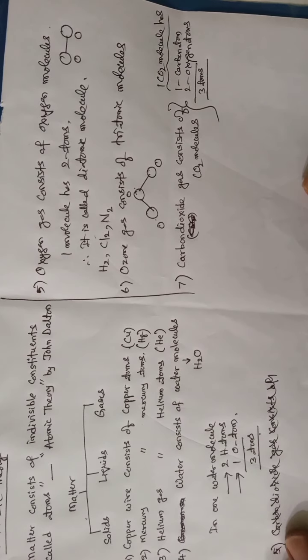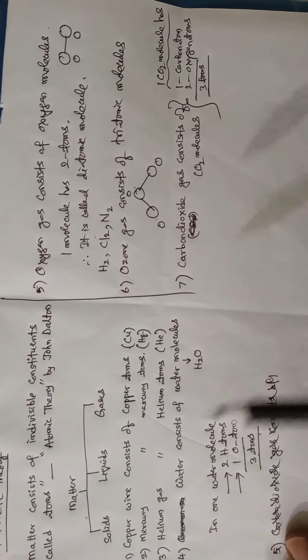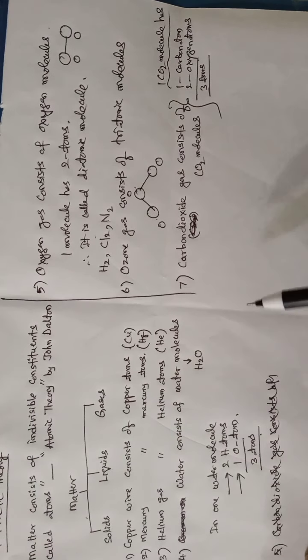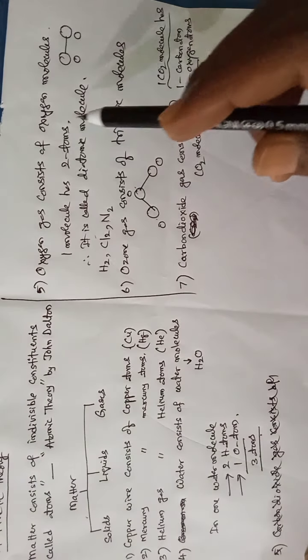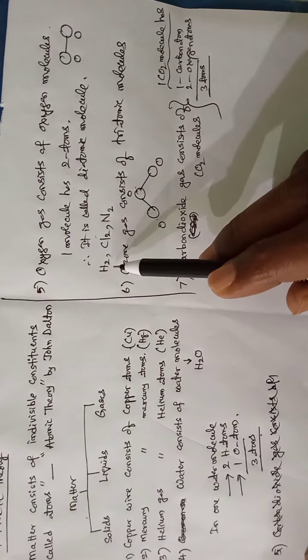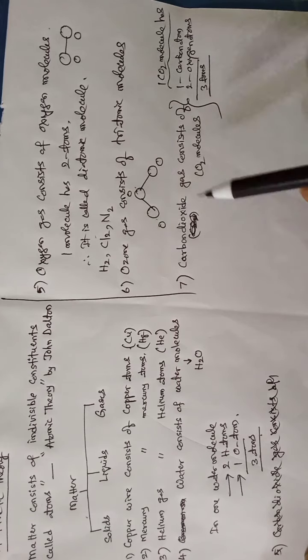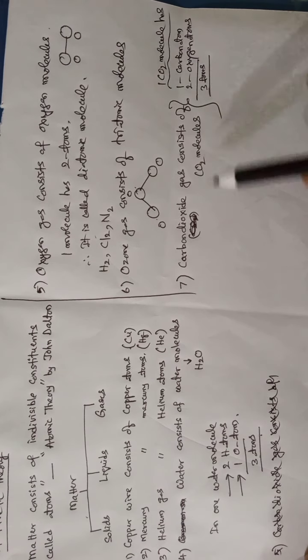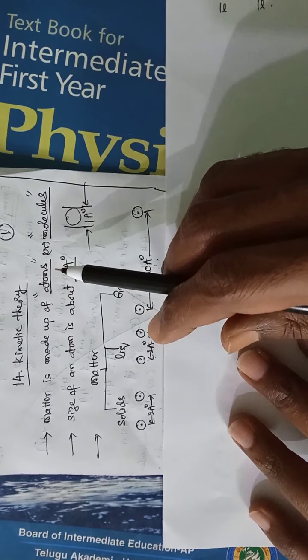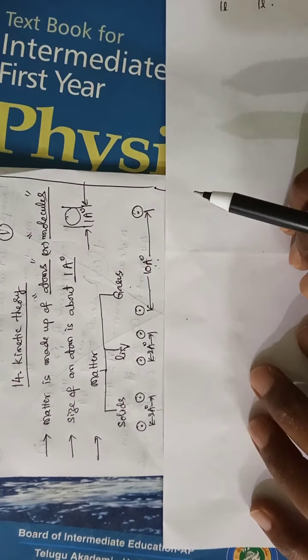In this way, the smallest constituent in some substances is an atom, and in other substances like water, oxygen, hydrogen, chlorine, nitrogen, ozone, carbon dioxide, the smallest constituent is a molecule. So matter is made up of atoms or molecules.